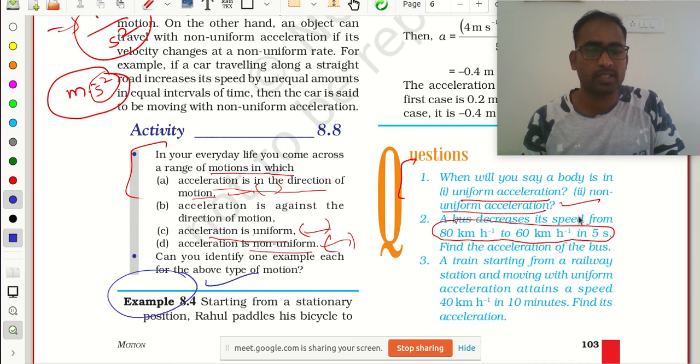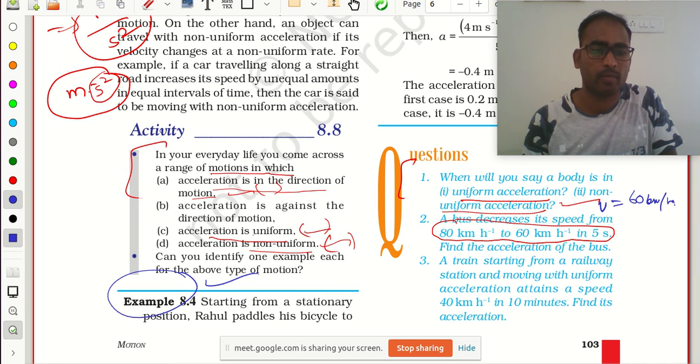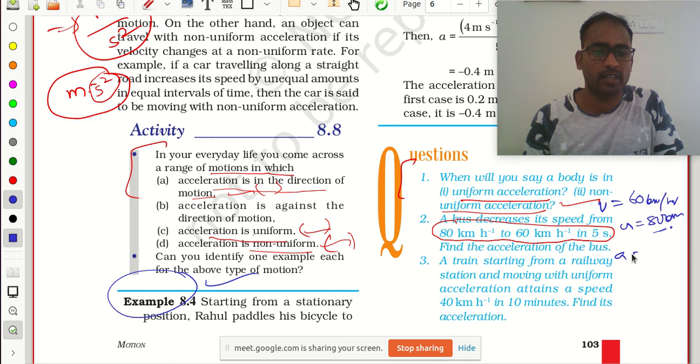His final velocity v is 60 km per hour, and his initial velocity is 80 km per hour. Negative only. a is equal to 60 minus 80 in 5 seconds.